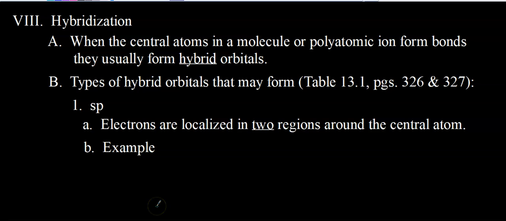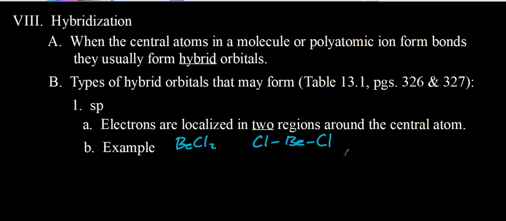The first example here is formation of sp hybrid orbitals. The electrons are localized in two regions around the central atom. The example we're going to look at is BeCl2. Let's look at the structure. I'm not going to put the lone pairs of electrons on the bonded atoms because I just want to focus on the central atom.